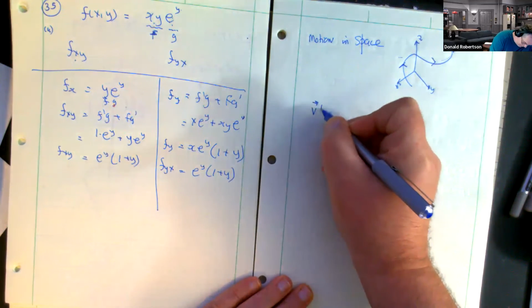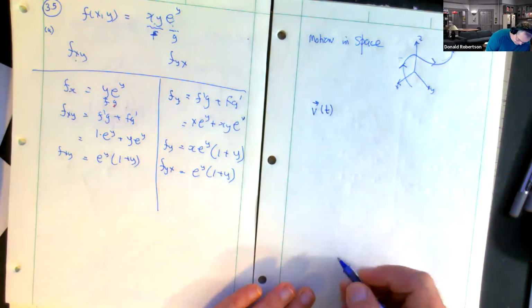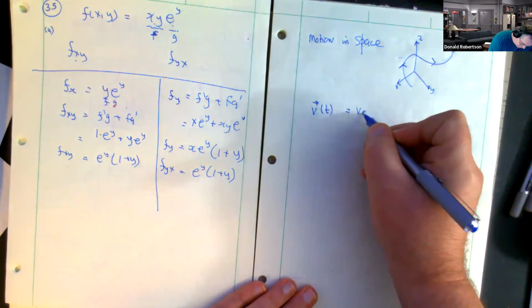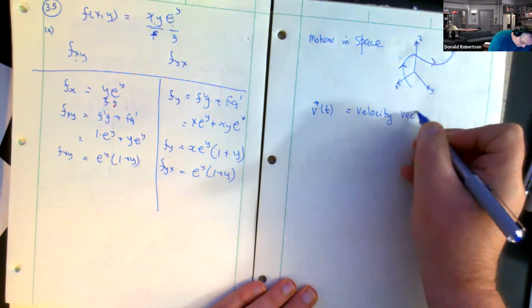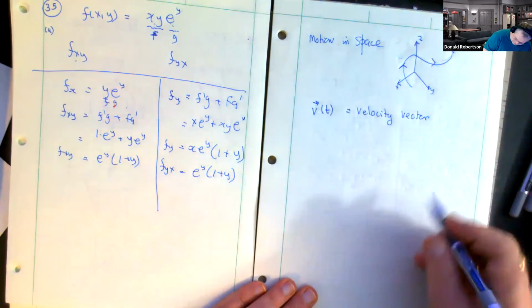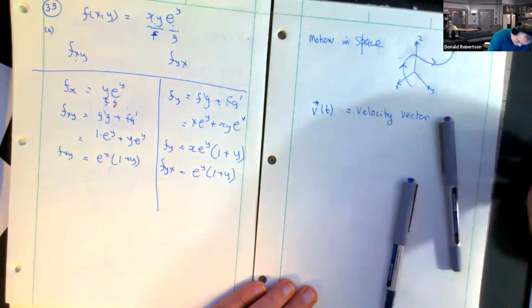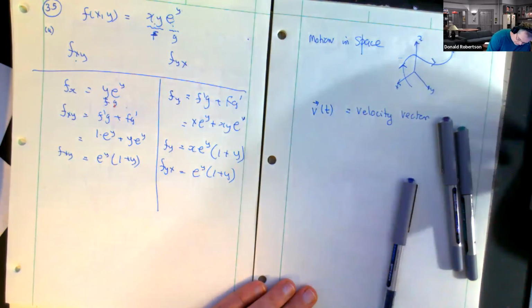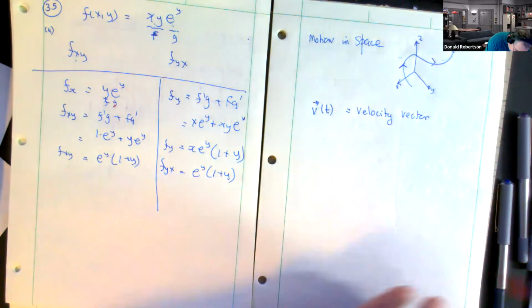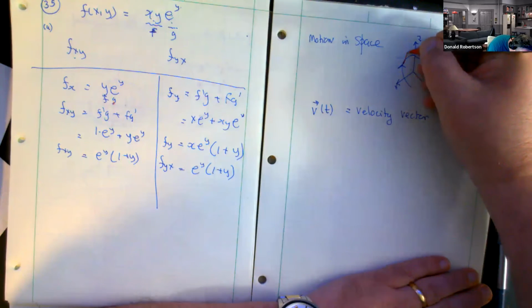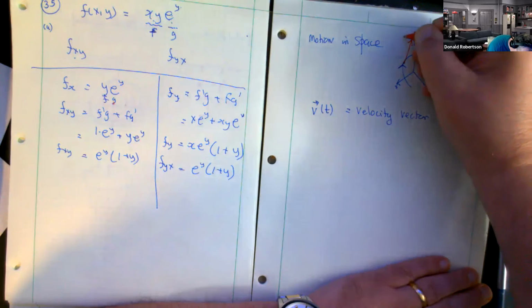Now, there's a vector called v of t. It is called the velocity vector. And the velocity vector essentially tells you at any given instant in time the general direction that you would be traveling. For instance, if I picked this one, the velocity vector might be that.